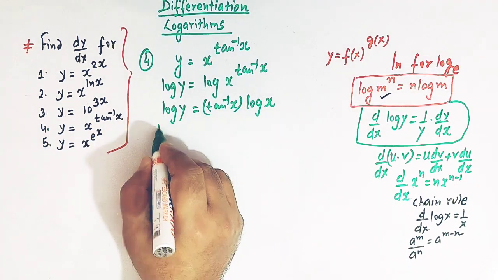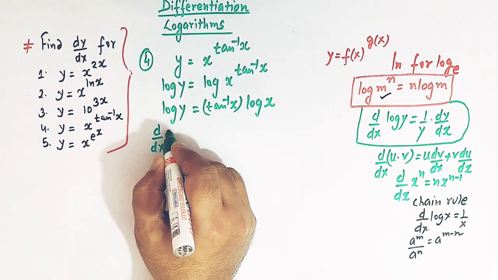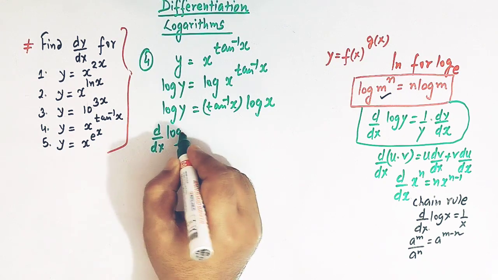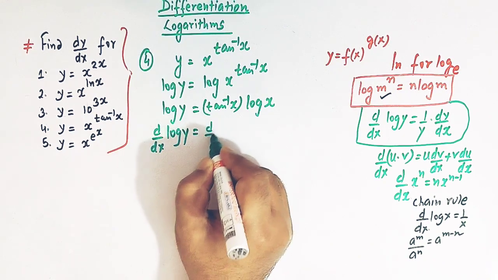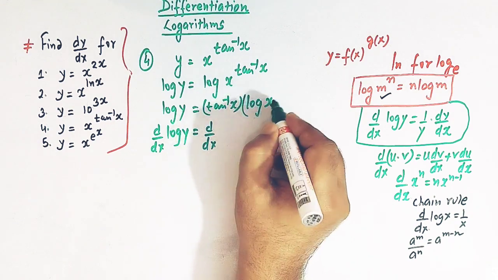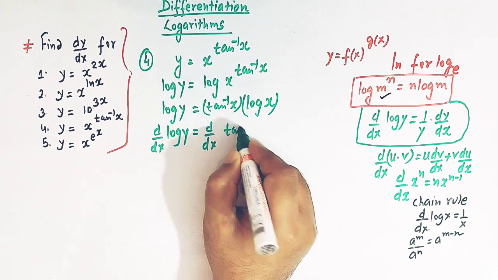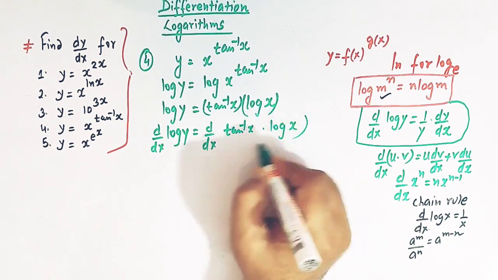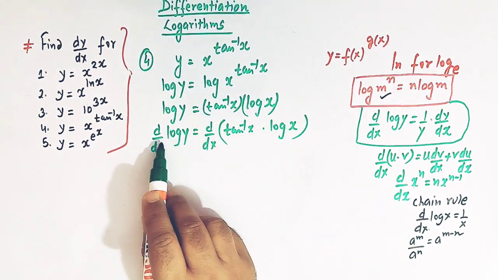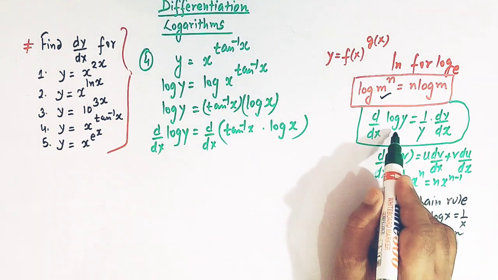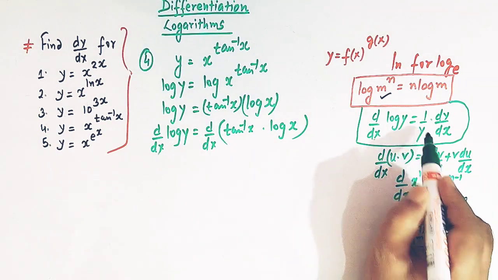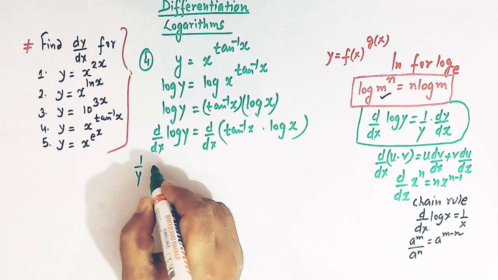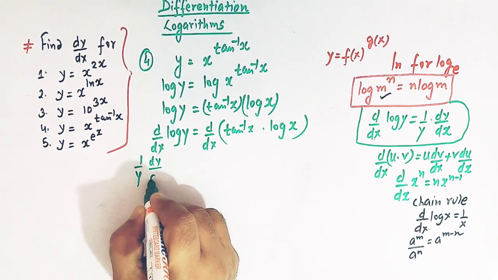Now differentiating both sides with respect to x, we have d by dx of log y, and here we have d by dx of tan inverse x times log of x. The derivative of log y with respect to x is given by this expression, so we have 1 over y dy over dx.